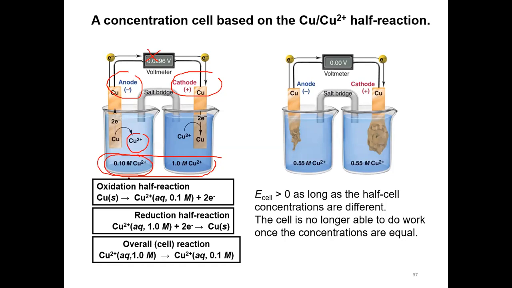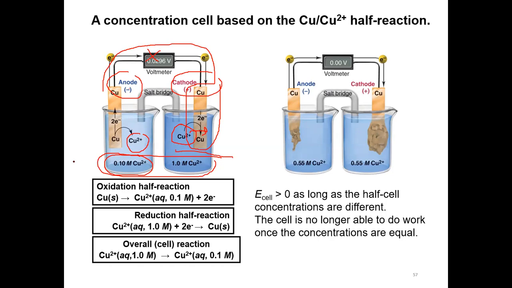The electrons come out and move towards the cathode, where they are accepted by the copper ions already present in the high concentration. Then copper becomes solid and is deposited on this rod. It means you get rid of the copper ions from here, so the concentration is going to go down here eventually.